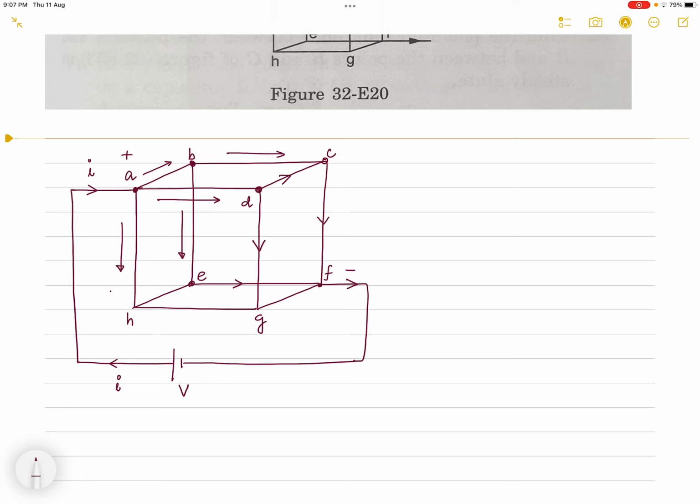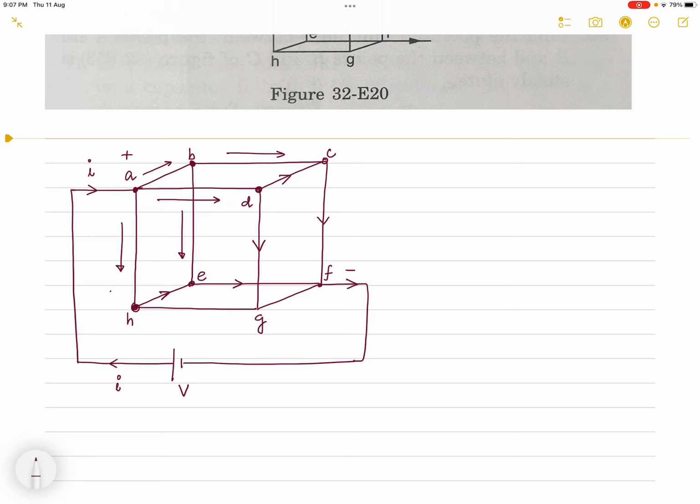Not just this, if you look at the third path, which is from A to H, when a current moves from A to H, then from the junction H, once again the paths available for the current to move to the terminal F would be, from H the current will go from H to G and then to F, and if some current flows from H to E, that current will flow from H to E and then to F. So don't you think these paths are also identical to what we have seen from the junction B and from the junction D?